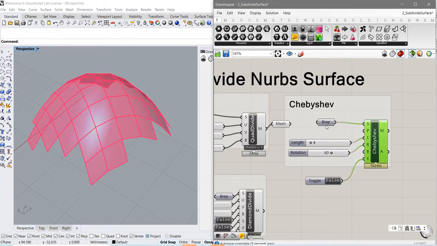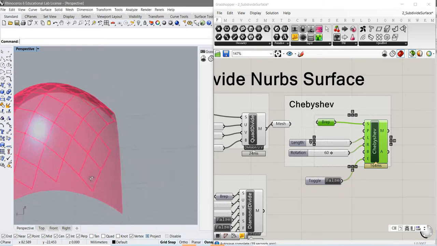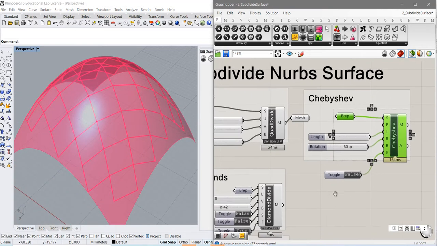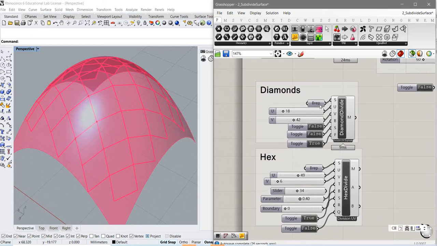When it is false, it's like this. When it is true, the same. No change. I think it should try to extend toward the boundary. But this one takes more time for computation.